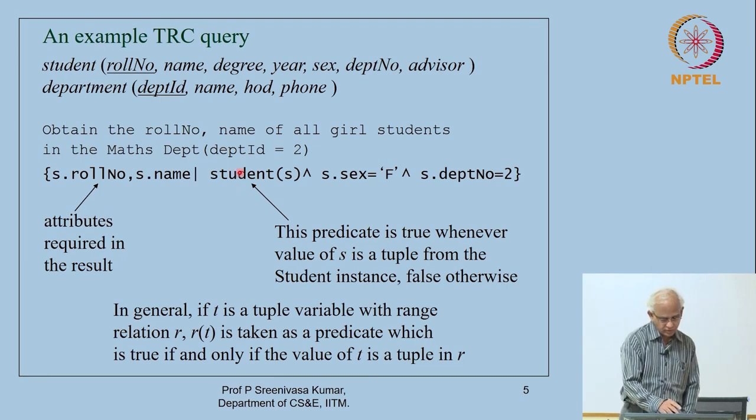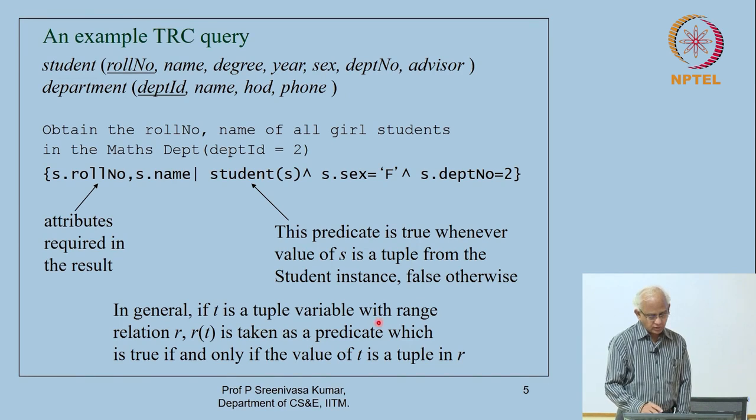So, in general, if T is a tuple variable with a range relation R, then R of T is taken as a predicate, which is true if and only if the value of T is a value in the instance R. Read this again: if and only if the value of T is a tuple in the instance R. Of course, when these things are true is clear.